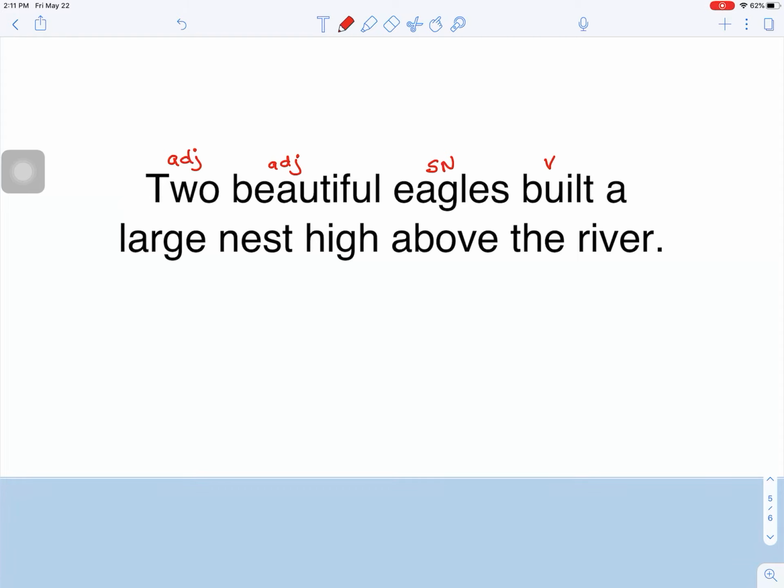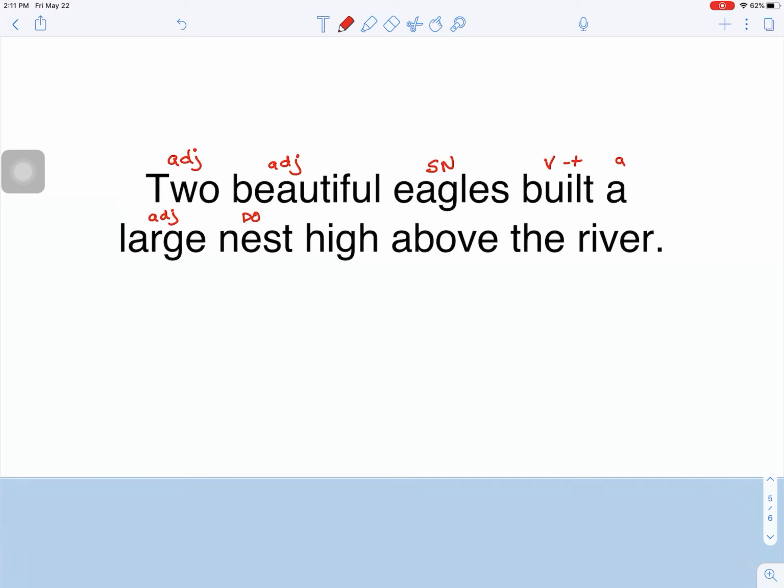They built. That so far we know it's built what? Built a nest. There's your direct object, so we know that it's a verb transitive. A is an article adjective. What kind of nest? A large nest. That's your adjective.